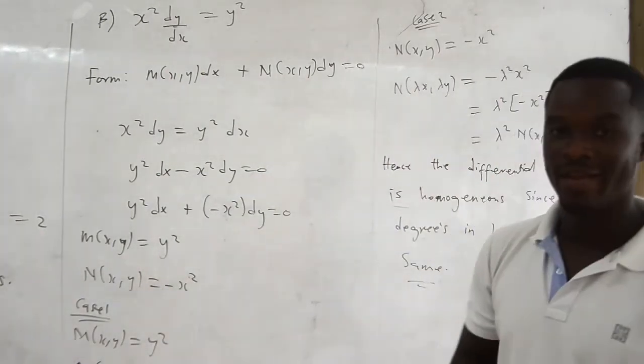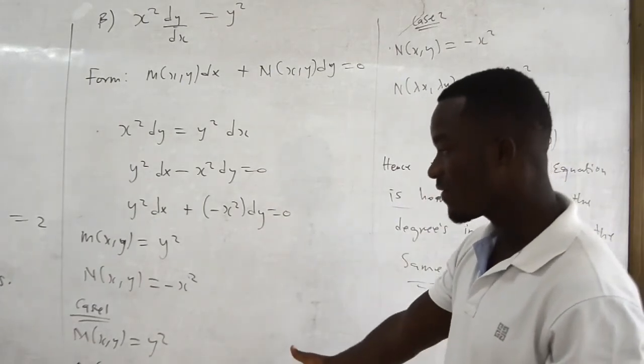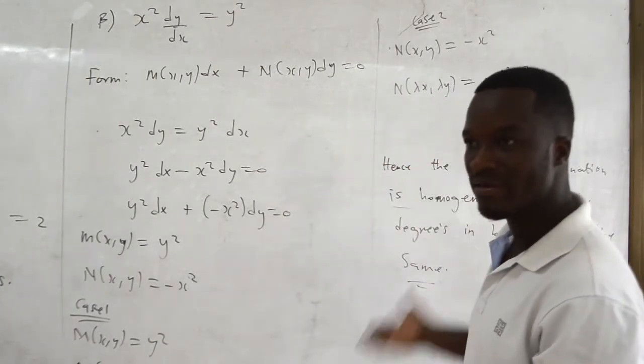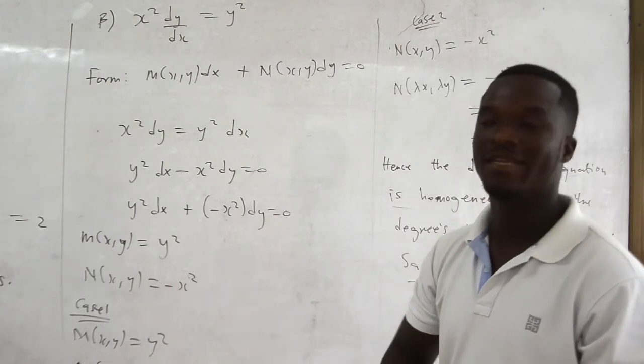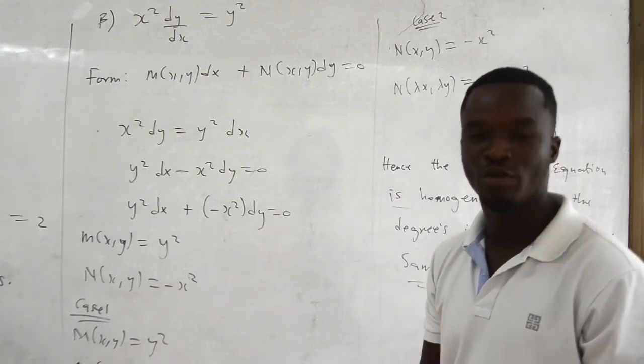So that's it. Because the degree of case 1 was 2, and the degree of case 2 was 2, you can say that the differential equation is homogeneous.